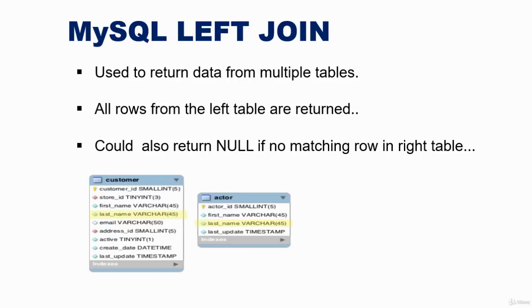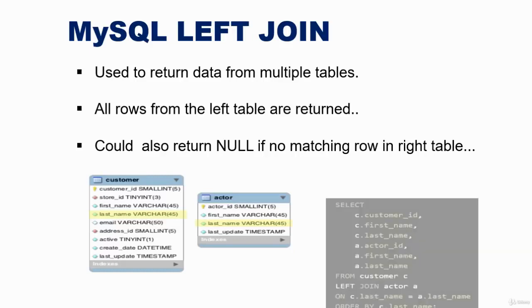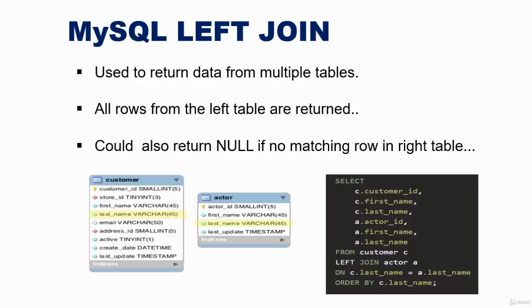The important thing here is that we would like to display all the customers regardless of whether they share their last name with an actor or not. So therefore, if a customer doesn't share the same last name as an actor, the customer is still listed. To achieve that, we'll need to write a query like this.